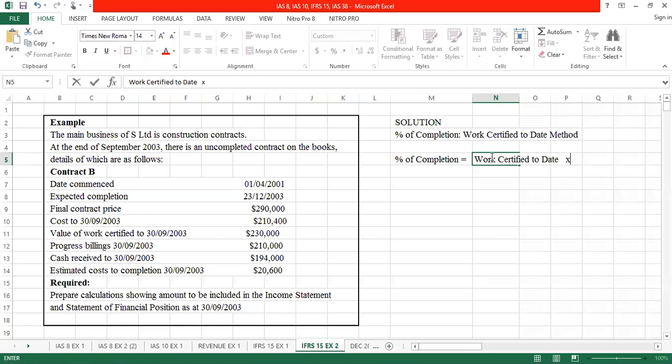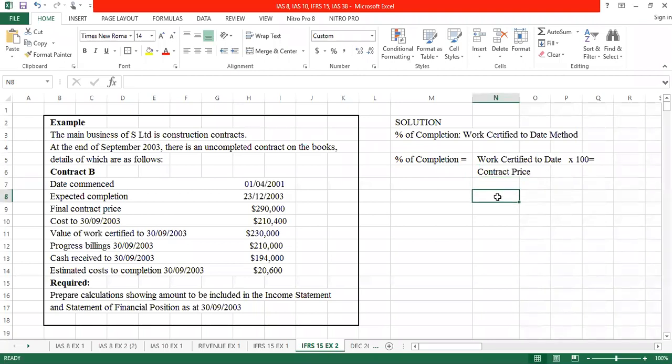When we use work certified to date, you divide by the contract price. If you use percentage of costs incurred to date, you divide by total contract costs. Okay, thank you for the person who has calculated it.